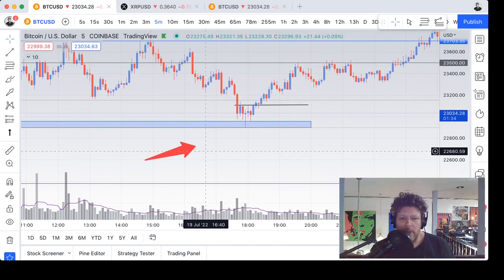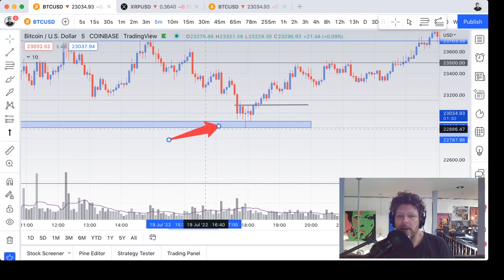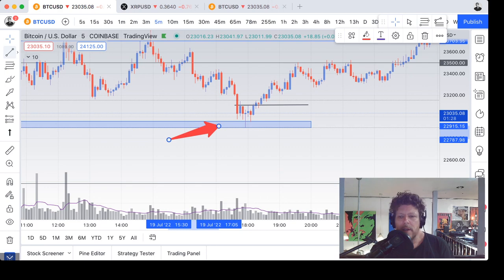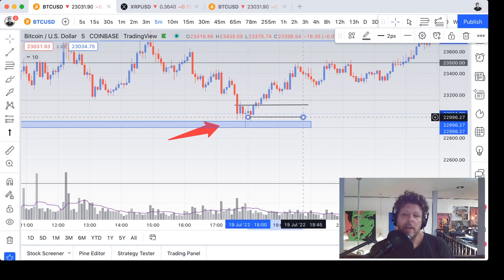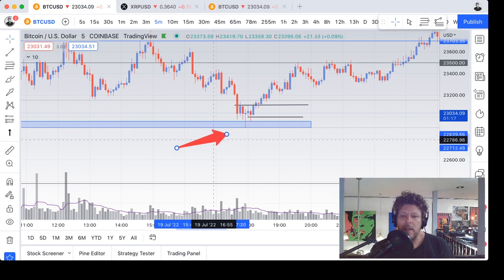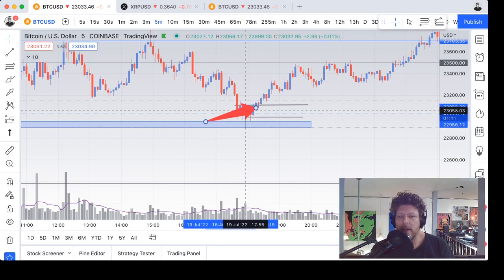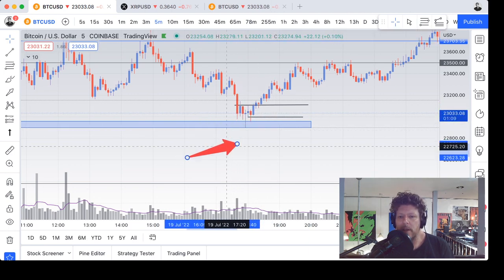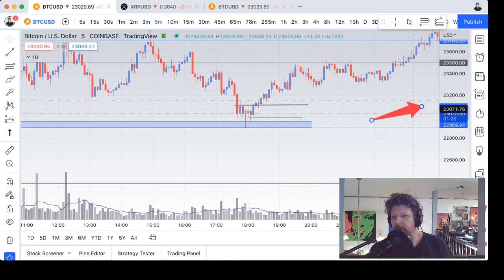And I would probably enter on this blue candle here, and then you could put your stop loss, depending on your risk tolerance, but somewhere in the neighborhood of here. Obviously, if it dips down much past this zone right here, you're going to want to get out. But as you can see, it took off, retested, and took off.